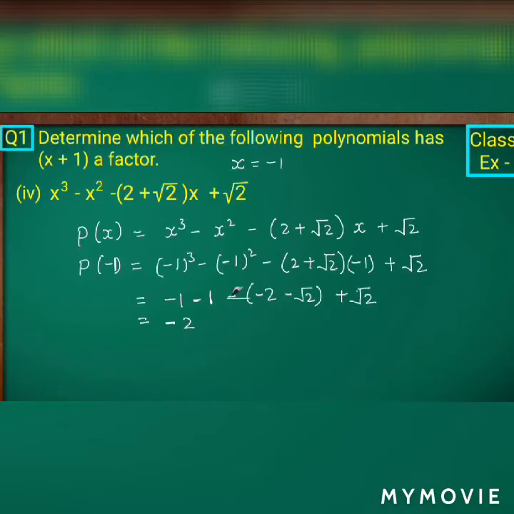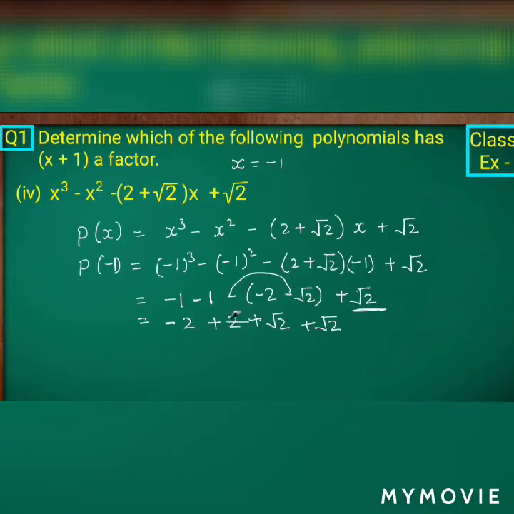So that minus should be multiplied to the terms inside the bracket, so it will become plus 2, again minus into minus plus root 2, isn't it? What else is remaining? Plus root 2. If you observe here, plus 2 and minus 2 will get cancelled, isn't it?